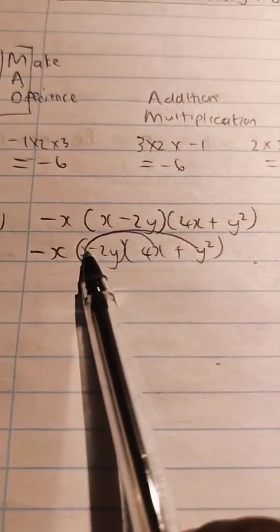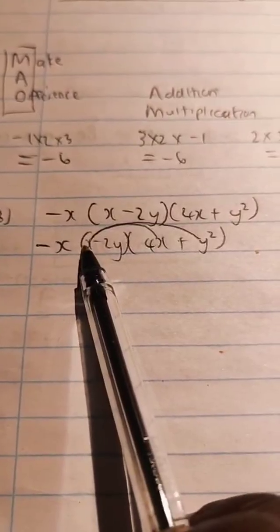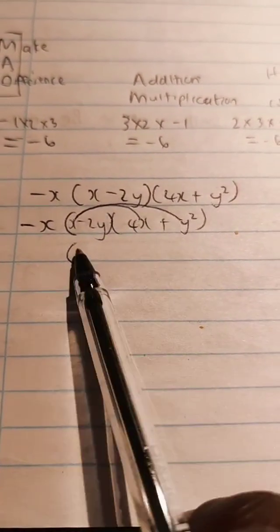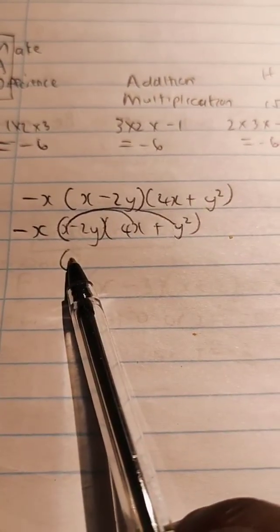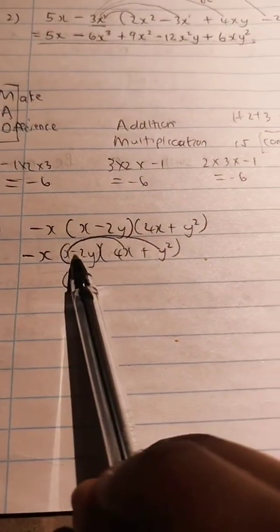So in other words, if you look at x times 4x, you have a positive 1 here that you don't see. Here you have a positive 4. So a positive times a positive is a positive. That's the sign. You move on to the number. 1 times 4 is 4. That is the number. Then you move on to the letter. x times x gives you x to the power 2.